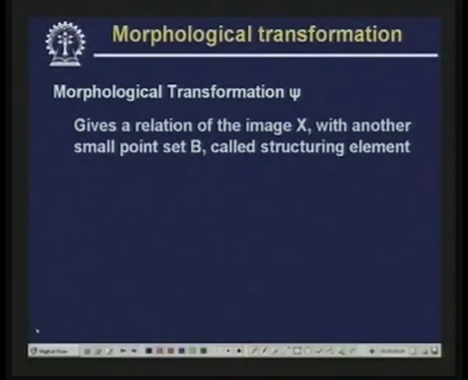So, what is dilation? There are two different definitions of the morphological dilation operation. However, we will see that both these definitions lead to the same result, in other words the two definitions are identical. So, what are those definitions?